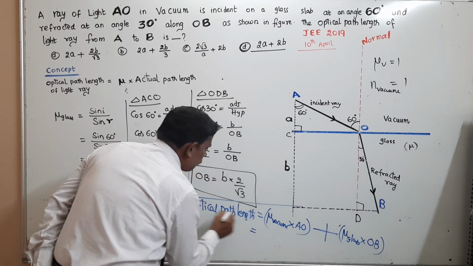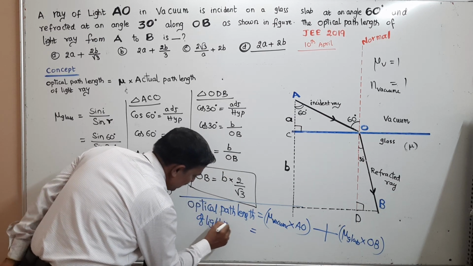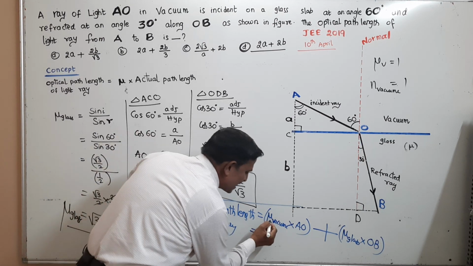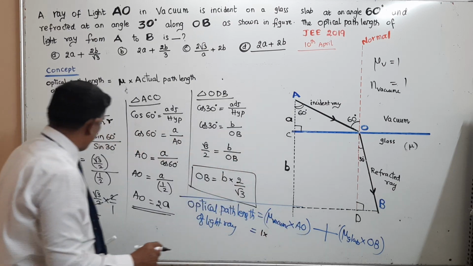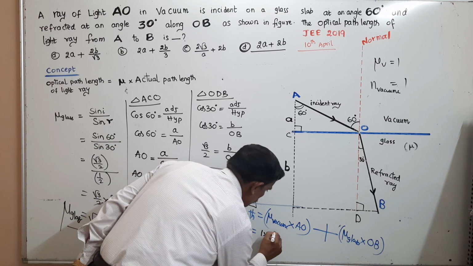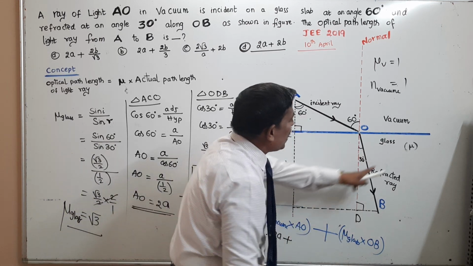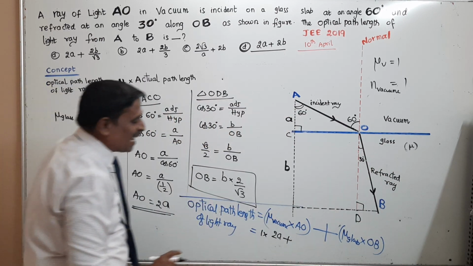Now, the optical path length of the light ray is equal to refractive index of vacuum, 1, into AO. AO is nothing but 2a. Refractive index of glass, we got, is root 3.